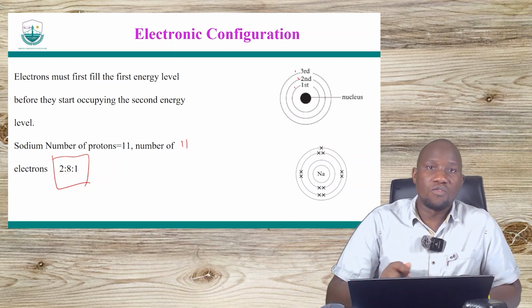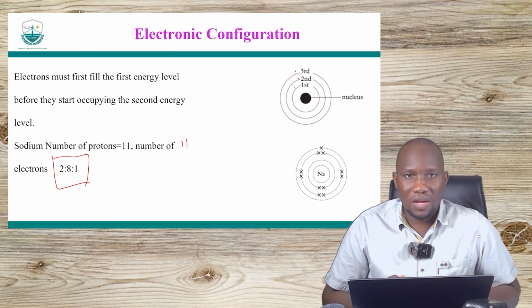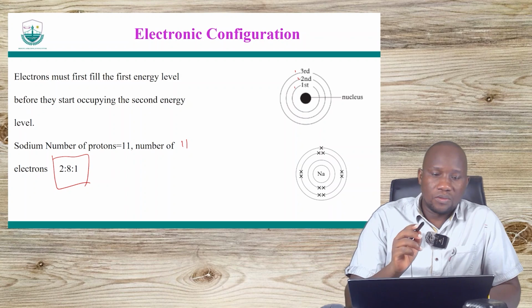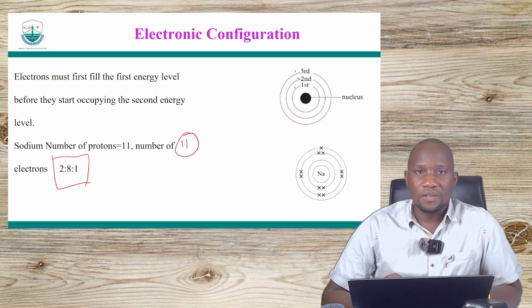This is the electronic configuration of sodium. So how do we come up with that electronic configuration? We are saying that the number of electrons is 11.